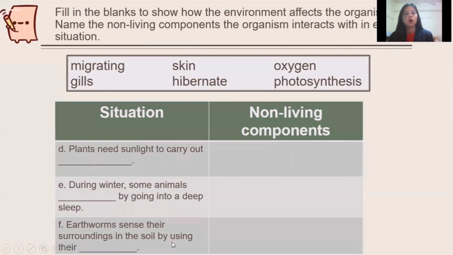Next, letter D. Plants need sunlight to carry out what? Again, plants need sunlight to carry out blank. Is it migrating, gills, skin, hibernate, oxygen, or photosynthesis? What is your answer?